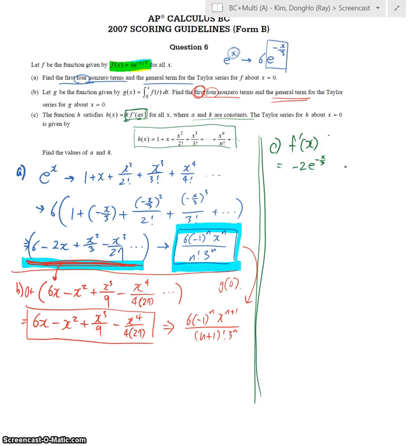Because h of x is k times f prime of a x, we can rewrite this as negative 2 times k, negative 2 times k e to the negative a x over 3. So this is h of x.